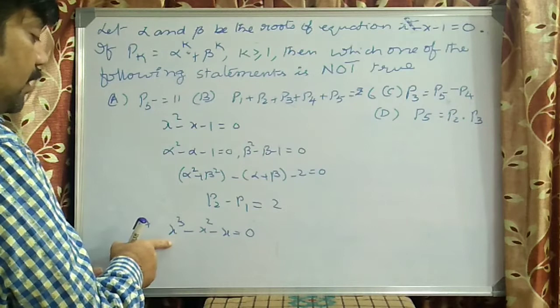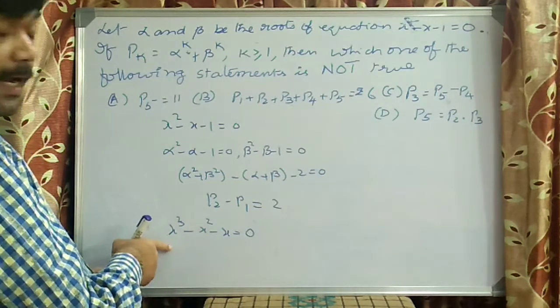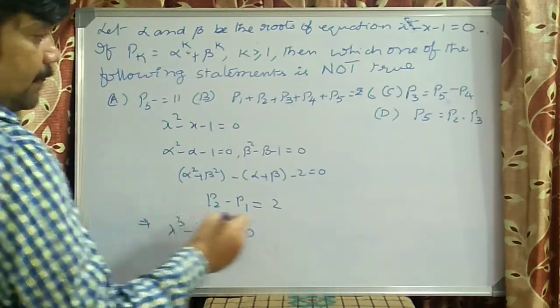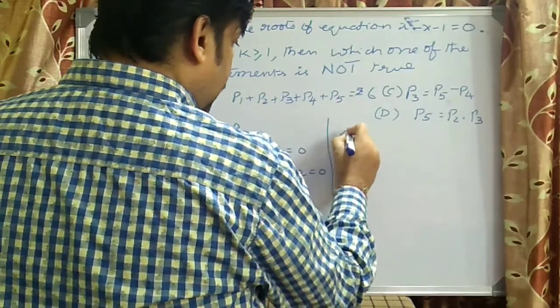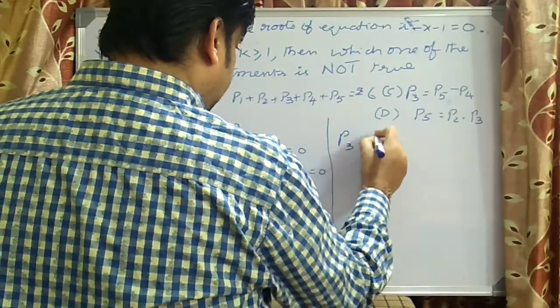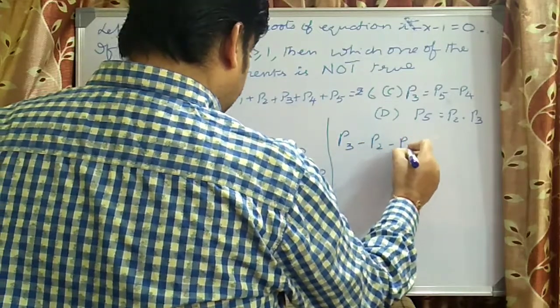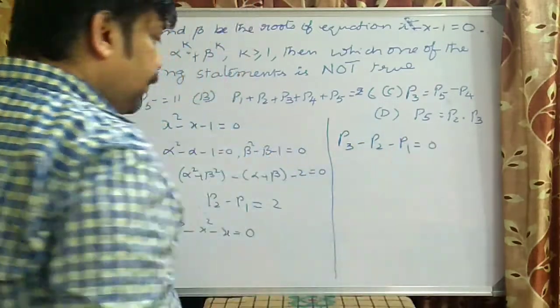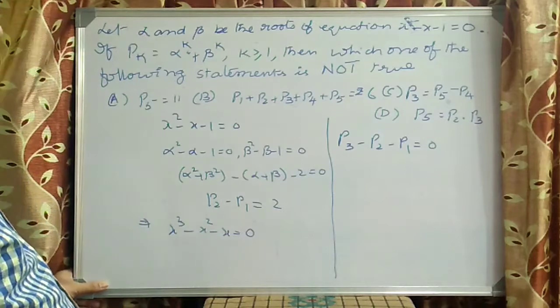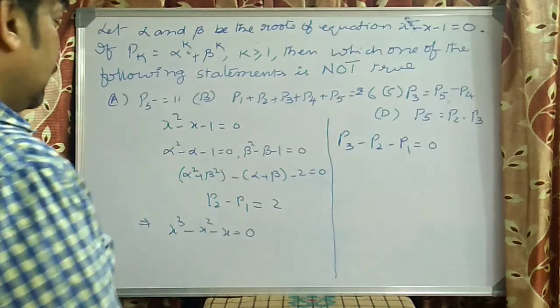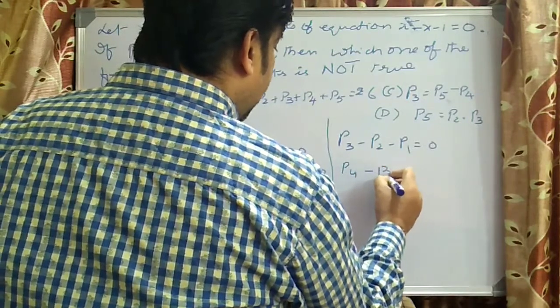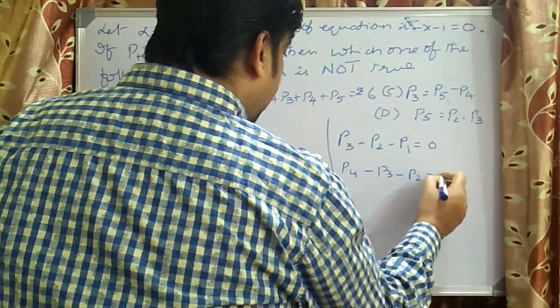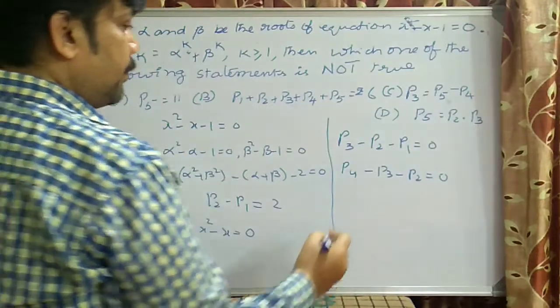So if I substitute alpha and beta separately and add, with the same powers, I am getting the formula like this: P3 minus P2 minus P1 is equal to 0. Then P4 minus P3 minus P2 is equal to 0.